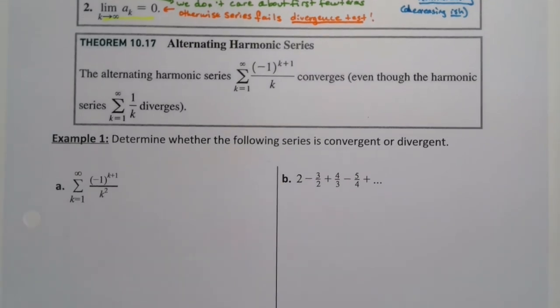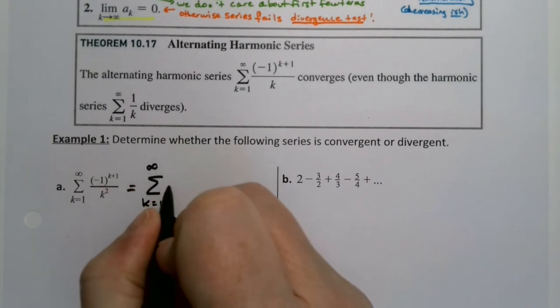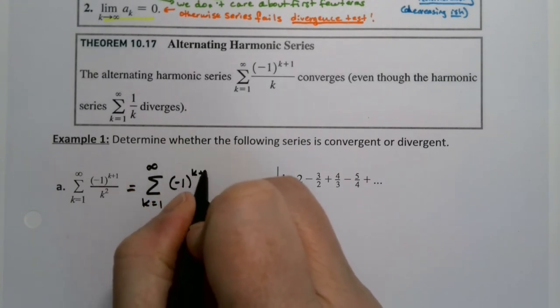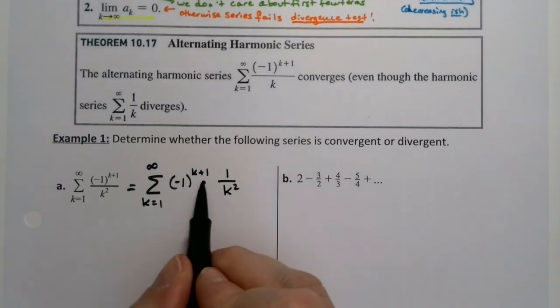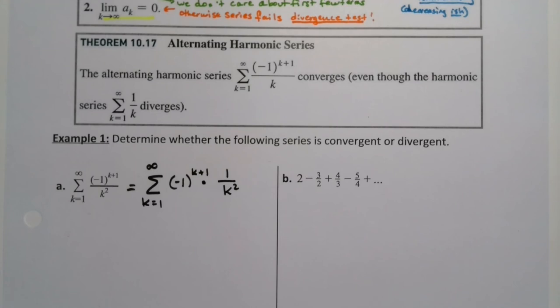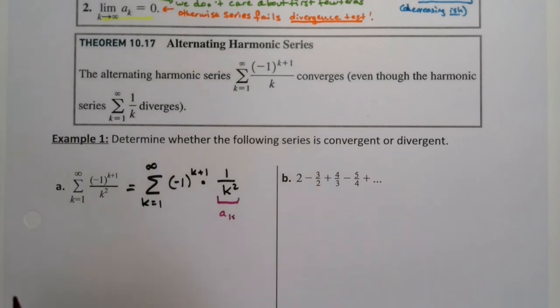All right, so now let's apply this test. Let me rewrite this so we can see it in the form that is written in the theorem. So this is the sum from k equals 1 to infinity of negative 1 to the k plus 1, times 1 over k squared. So my a sub k is actually that part right there, 1 over k squared.